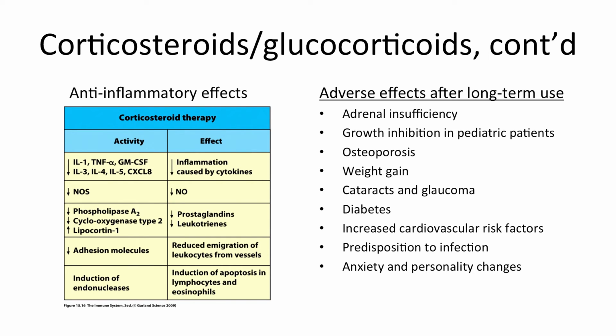So this table summarizes the anti-inflammatory effects of corticosteroids or glucocorticoids. On the left side, it shows the direct effect on the release or production of a number of cytokines, which in turn reduces inflammation caused by the inflammatory cytokines and mediators.